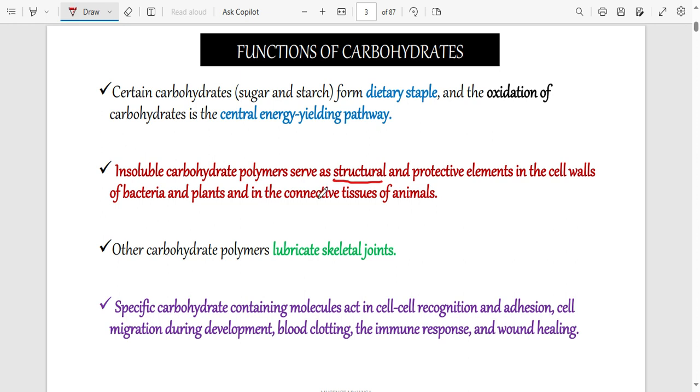Now, when we say connective tissue, what we mean is this. When you have one brick and you want to form a house, and then you have another brick, if you just stack these bricks together, you are not going to have a house at the end of it. So what are you supposed to do?